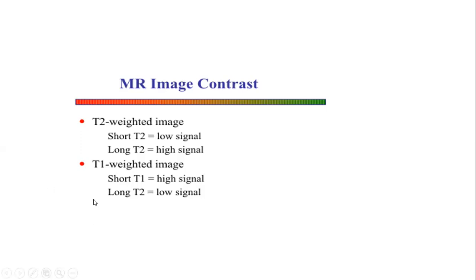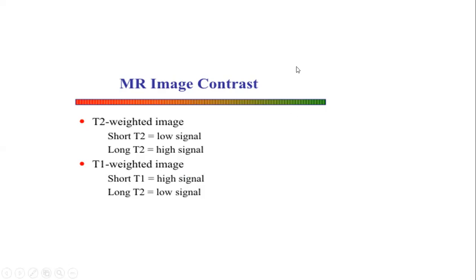Then for T1 weighted image, if you have a tissue with a very, very short T1, we are going to have a high signal from that. So that one is going to appear white. While for T2 image, if you have a tissue with a very long T2, that tissue is going to have a white background. I think we have less than a minute.